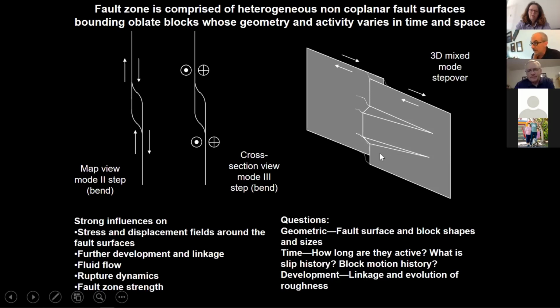And because there's not enough room, it either is going to make a zone of enhanced compression and shortening, or if the sense of motion is different relative to the step over, it's going to cause dilation and opening, and that'll also have interesting effects. And so these kinds of discontinuities have strong influences on how the fault works, but also when we look at the topography along the fault zone, it has strong influence on what we see.